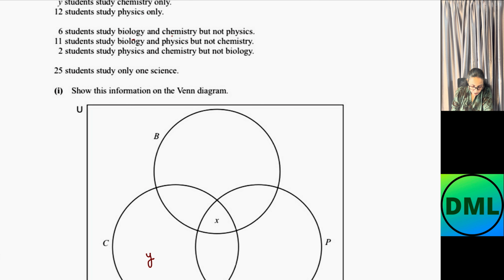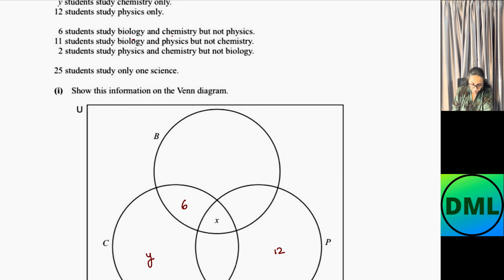Next, 12 students study physics only, so 12 goes here. 6 students study biology and chemistry but not physics, so 6 will come in this part.